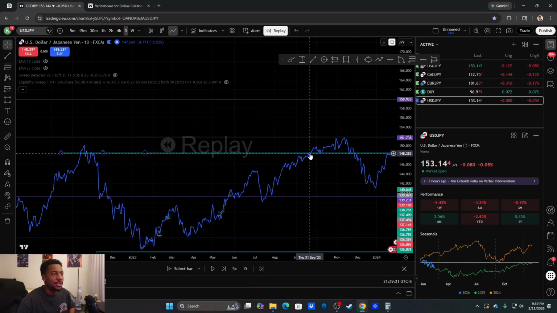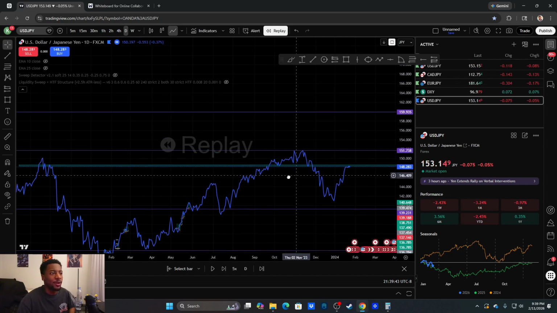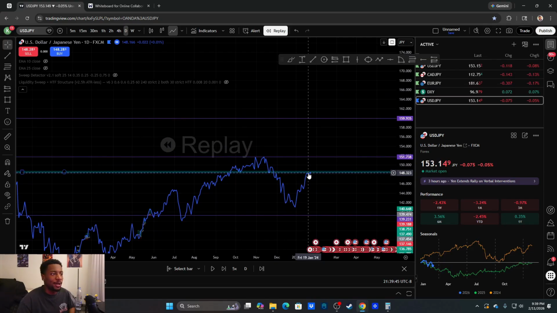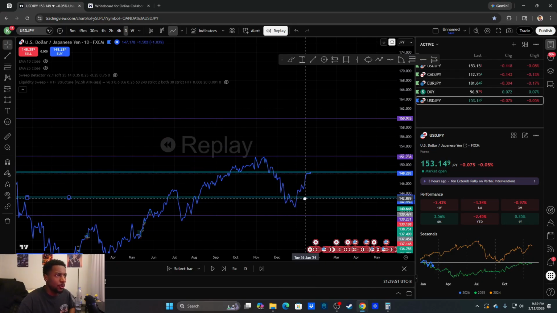Price came up, retested it, failed to break above, and then finally broke above, came back down, and retested the zone. You can see the zone is a magnet zone. Price comes back to the zone over and over again. And right now price is at the zone again whenever I replayed the charts or rewinded it.